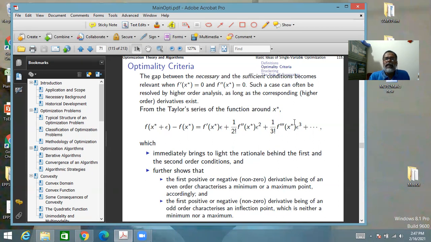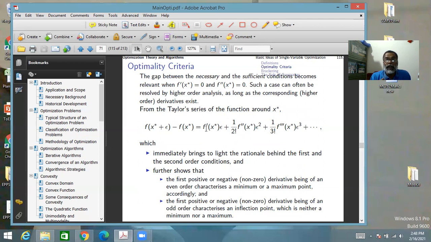And this series immediately makes clear why we have the first order and second order necessary and sufficient conditions. First of all, if this derivative is not 0, then depending upon the sign of epsilon, whether we take the other point on this side or that side, this will become positive or negative, whatever is the sign of f prime.